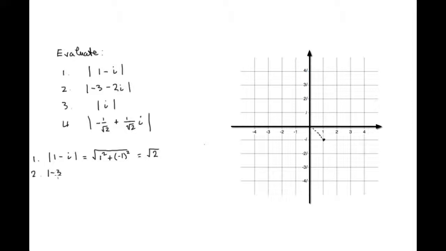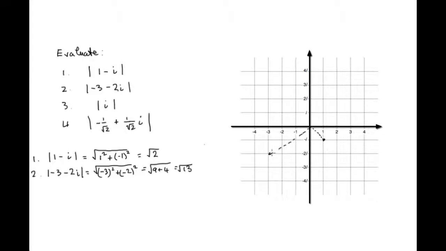Second one, complex number -3 minus 2i, modulus of that, square root of -3 squared plus -2 squared. That is square root of 9 plus 4, which is the square root of 13. -3 minus 2i, that's a complex number down there.